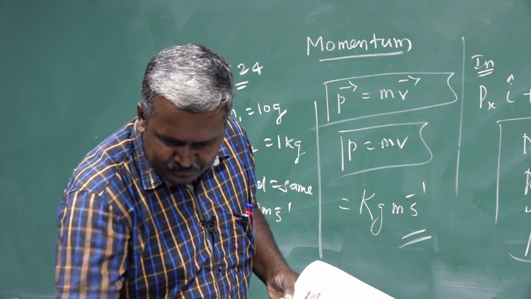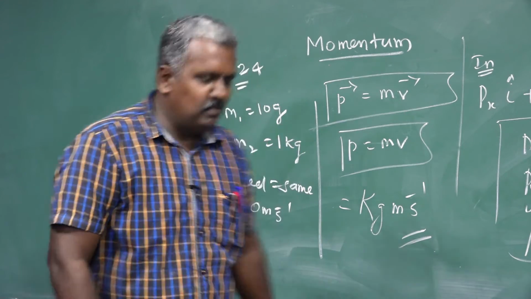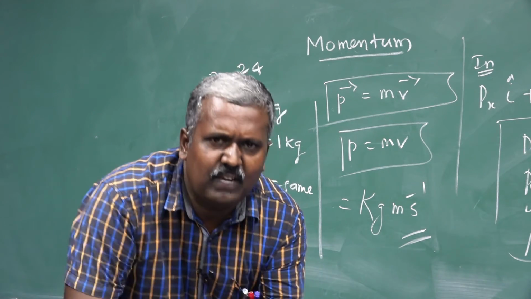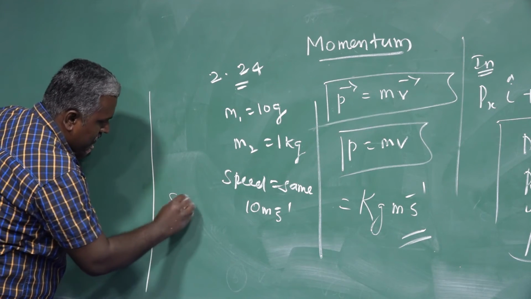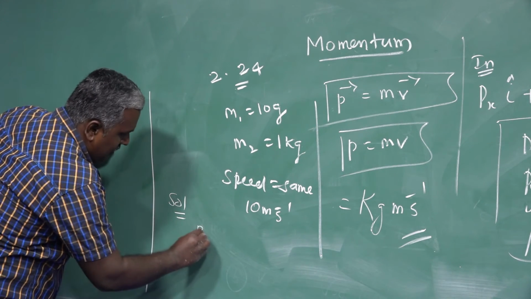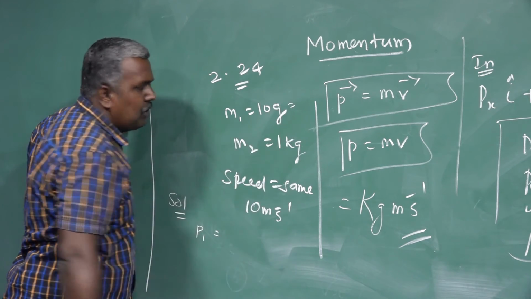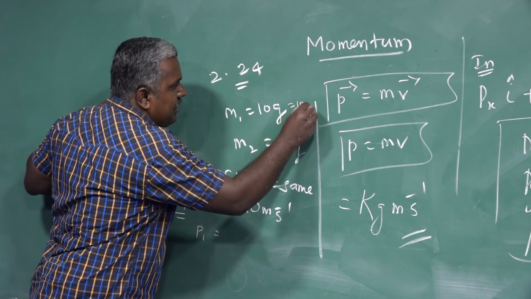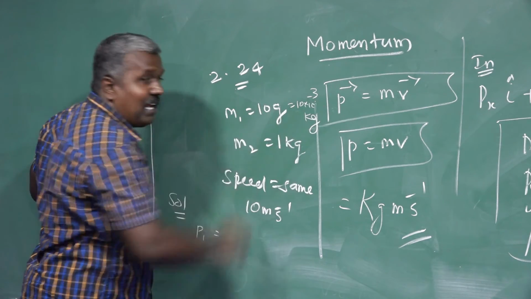So how do you calculate this? With the help of a formula. Listen. First P1. We must convert grams into kilogram, so 10 into 10 power minus 3 kilogram because it is given in gram.